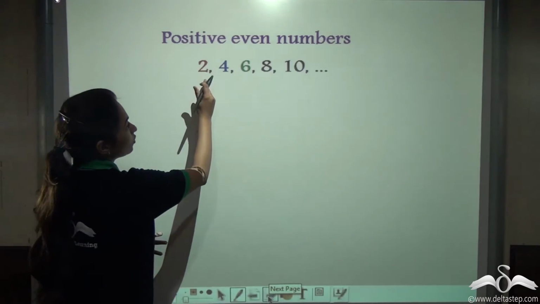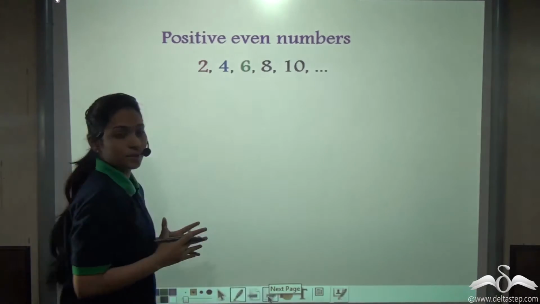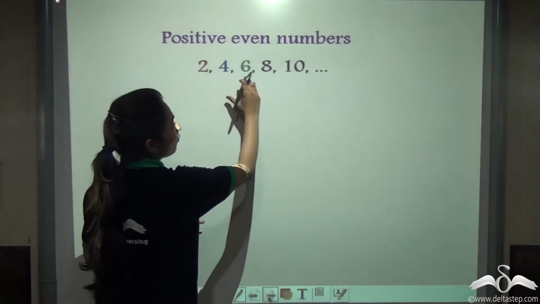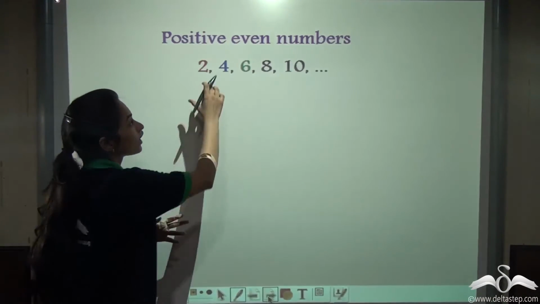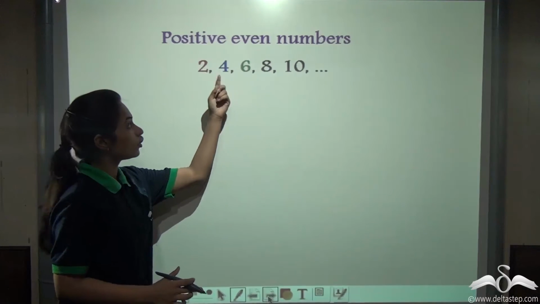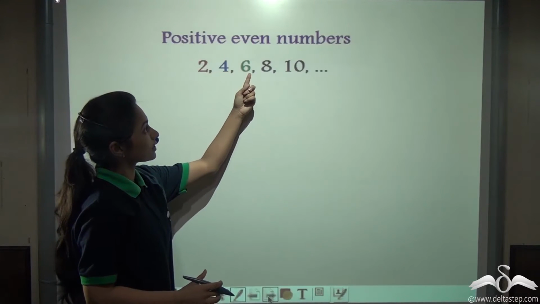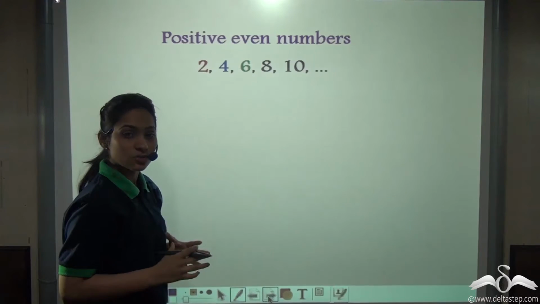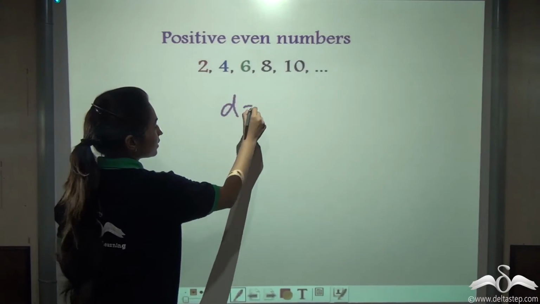Now, you know that 2, 4, 6, 8, 10 and so on, they are positive even numbers. And you also know that they follow an AP series because they have the difference of 2 between them, and that is constant. 2 plus 2, 4, 4 plus 2, 6, 6 plus 2, 8 and so on. So the common difference between them is constant. You can say d is 2.